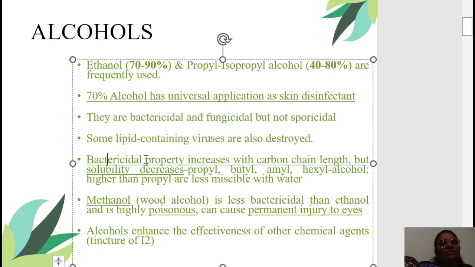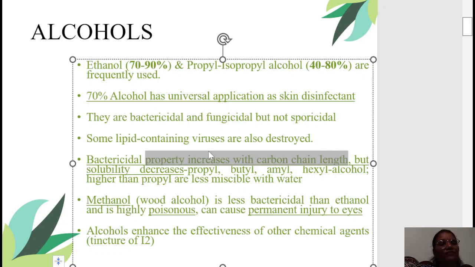Their bactericidal property increases with carbon chain length, and that can be understood from here: ethanol is required to be used in a concentration ranging from 70 to 90%, whereas isopropyl alcohol can be used in a lower concentration range, that is 40 to 80%. So the bactericidal property of alcohol increases with chain length.